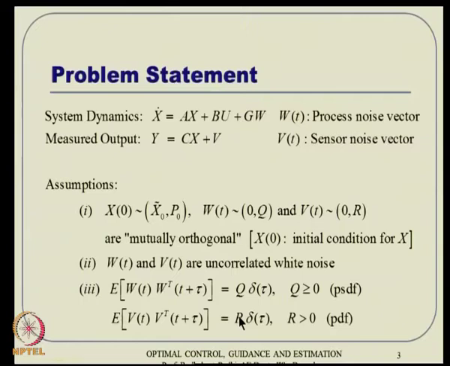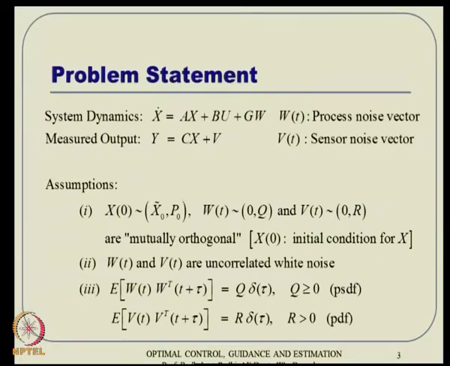But there is a very important behavior here. There are two assumptions, which tell us that x of 0, w(t) and v(t) are mutually orthogonal. I take any combination, x of 0 and w, w and v, or v and x of 0, they are mutually orthogonal. And the second thing is that w and v are uncorrelated, and they are white noise. So, you see many assumptions are involved, but the beauty is the filtering still works.